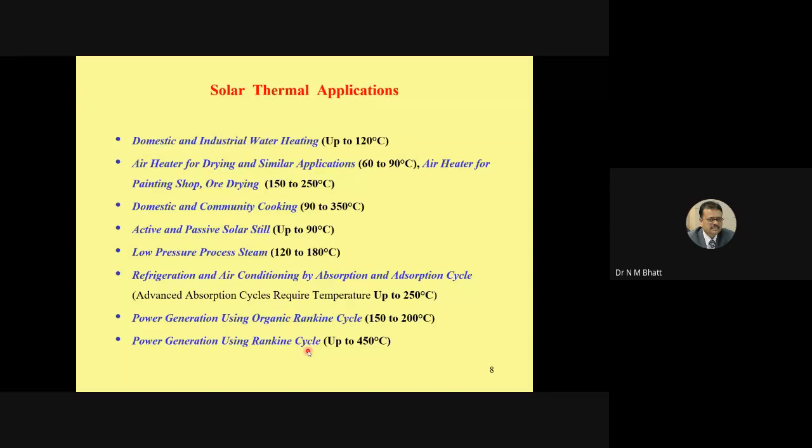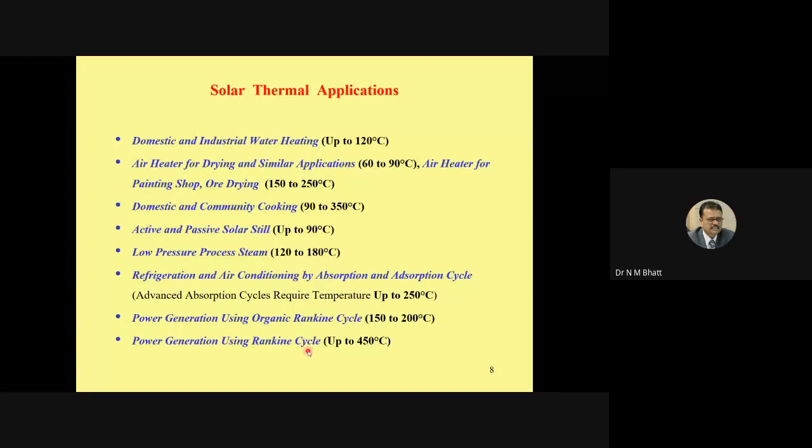very common. Everyone who is interested in solar energy must be familiar with this particular application, that is domestic and industrial water heating. Earlier we used to use a flat plate solar water heater on our terrace, and now we are using evacuated glass tube based solar water heaters because they are more efficient.